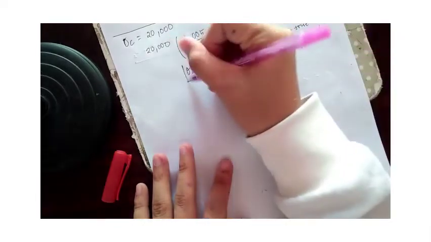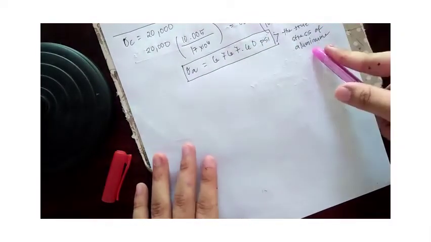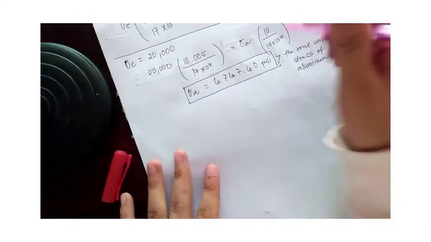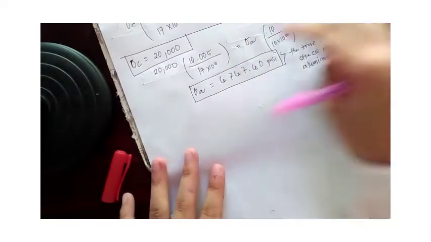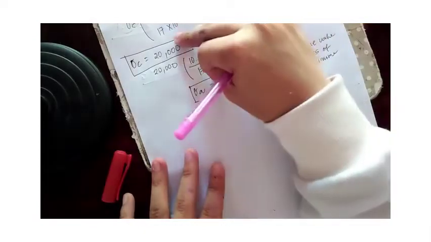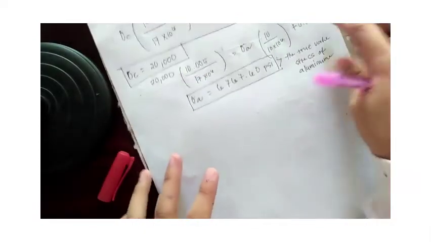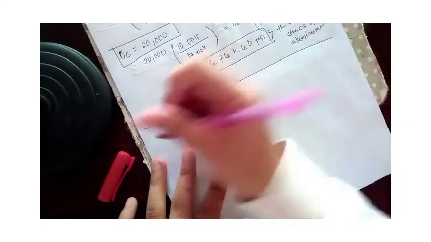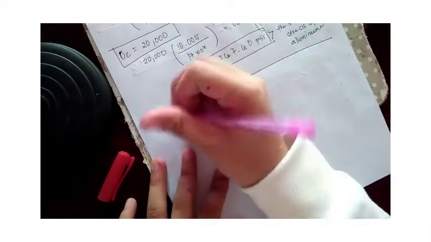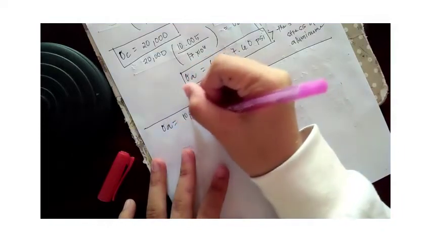So, pag nakuha na natin yung true value ng stress ng aluminum, meaning tama rin yung ginamit nating value ng copper. So, we have the true value of the two stresses. Halimbawa, ang inuna muna natin is, nag-trial and error muna tayo. Ginamit muna natin is value ni aluminum na 10,000 PSI.